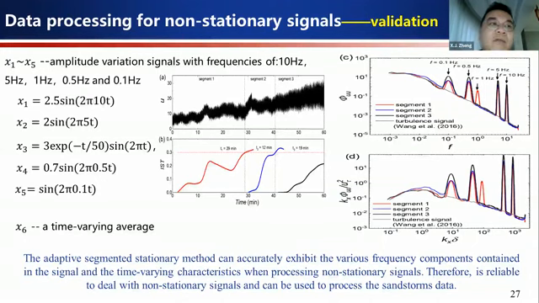Based on the power spectrum and the pre-multiplied energy spectrum, we found the adaptive segmented stationary method can accurately exhibit the various frequency components contained in the signal and the time-varying characteristics. Therefore, it is reliable to deal with non-stationary signals and can be used to process the sandstorm data.